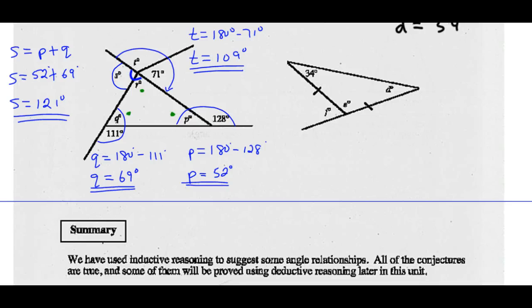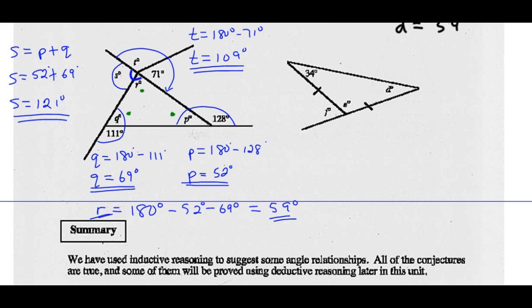So there's a bunch of ways to get angle R. I'm going to say that angle R should equal the sum of the angles of a triangle, 180, minus P and Q. P is 52 and Q was 69. So 180 minus 52 minus 69 leaves us with how much? 59 degrees. So there's angle R. All right.